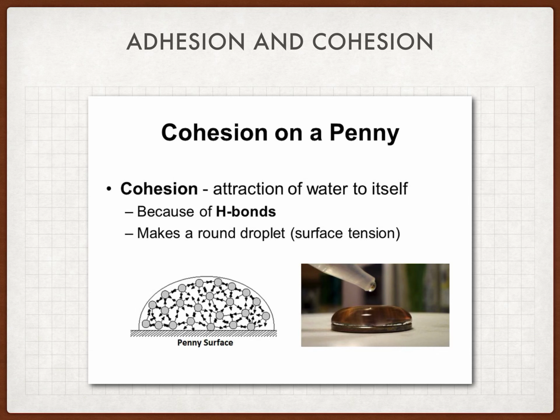A simple example of cohesion is when you put a drop of water on a penny or a silver coin. You will see that the droplet of water will not spread and will contract itself because of the attraction of the water molecules to itself, preventing the spread or wetting of the silver coin or penny by this drop of water, besides the surface tension forces.